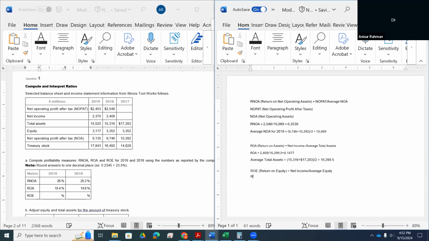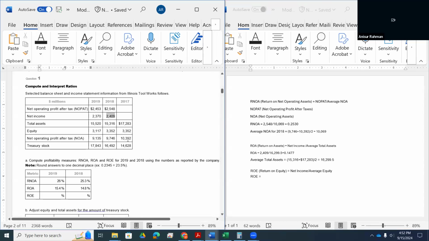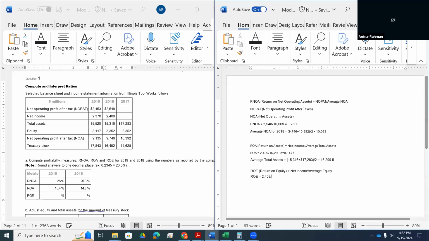So our net income for 2018, 2,409, divided by average equity. So average equity is equal to our 2018 equity and 2017 equity.